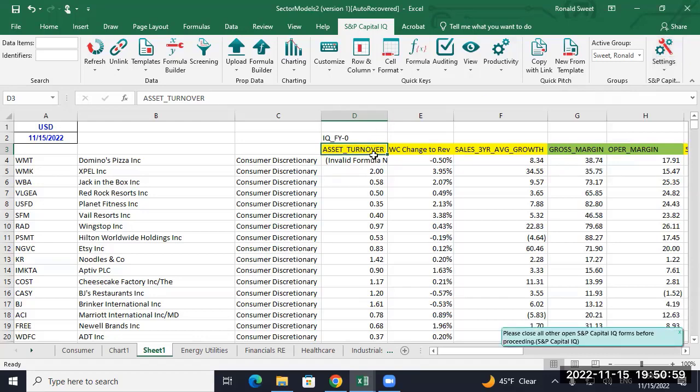All right, well, so there's the format. You've got to get Capital IQ working on your machine, and then you would go find this account by doing formula builder and finding asset turnover and bring that in. So you should be able to create a model like this from home if you don't have access to Bloomberg.